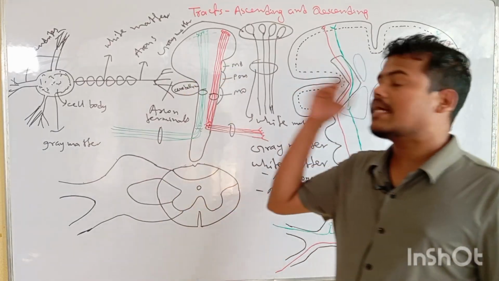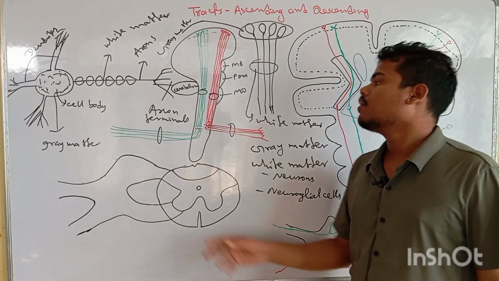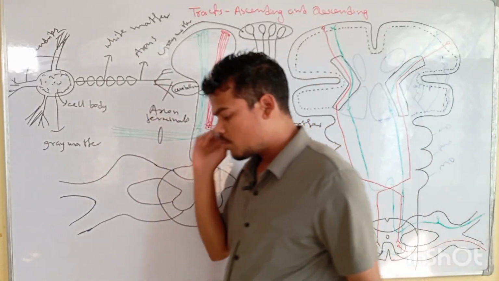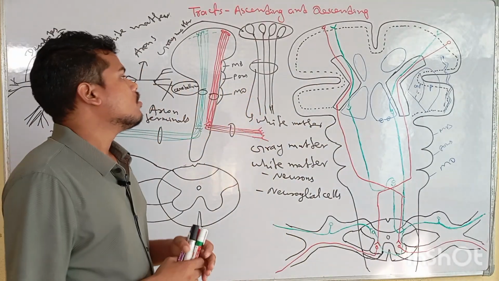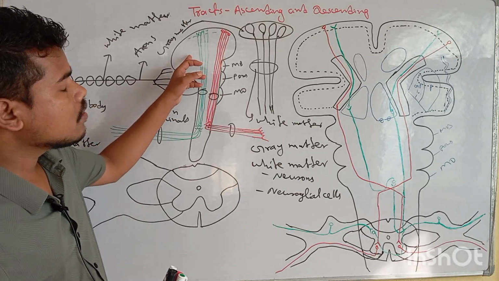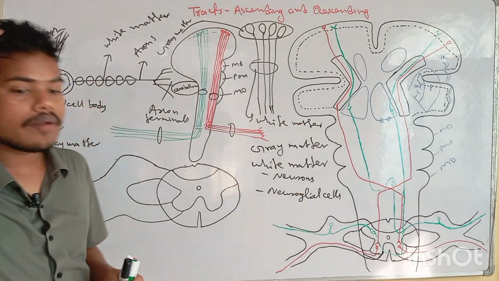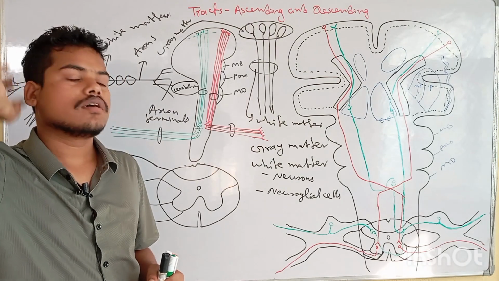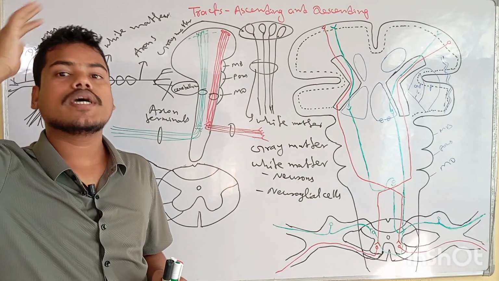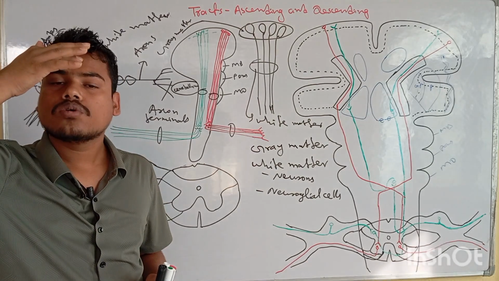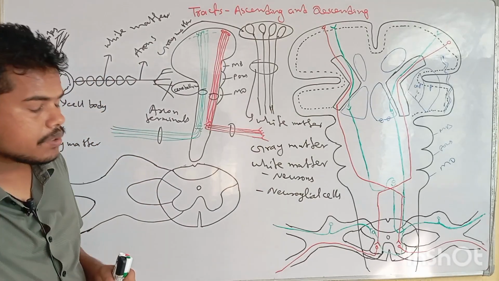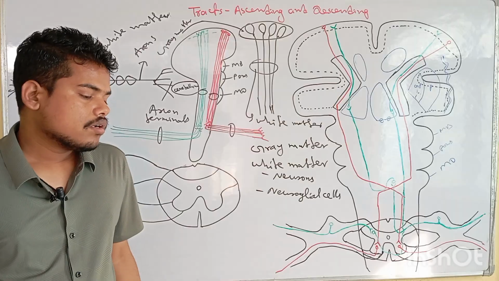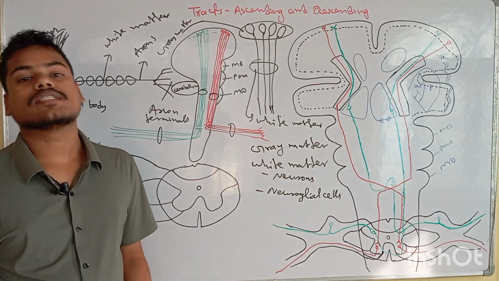And there are some other types of commissural fibers also. Then one more fiber type is that some fibers may be connecting the posterior part of the brain to the anterior part of the brain, for example, the occipital lobe will be connected to the frontal lobe or vice versa.